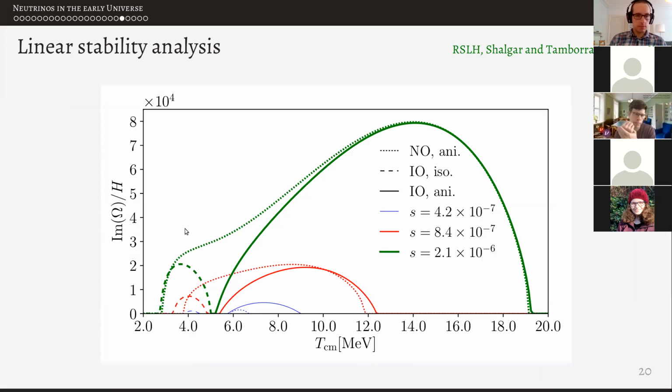So this means that even if we put a tiny initial anisotropy in the system, that very small initial anisotropy will grow to order 1 very, very rapidly once you enter this temperature range with the conditions that allow for the instability, for the exponential growth to be present. I see. So I put in a tiny initial seed, and then the dynamics of the system amplifies that to order 1 effects.